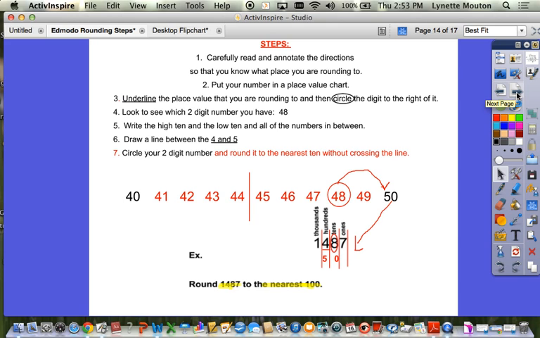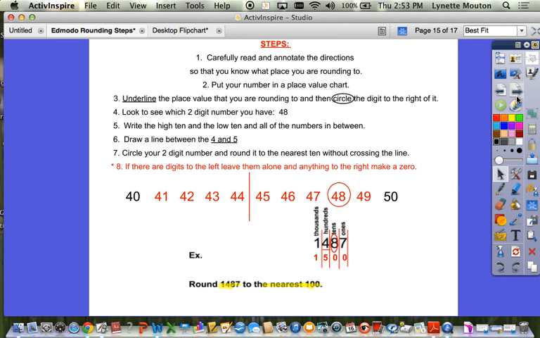And if they're to the right, what are you going to do? Everything becomes a 0 to the right, okay? So we rounded 1,487 to the nearest 100, and it became 1,500.